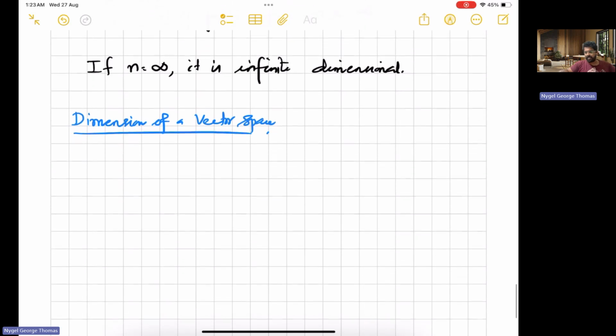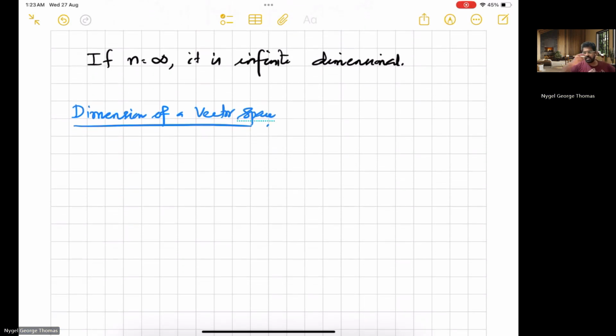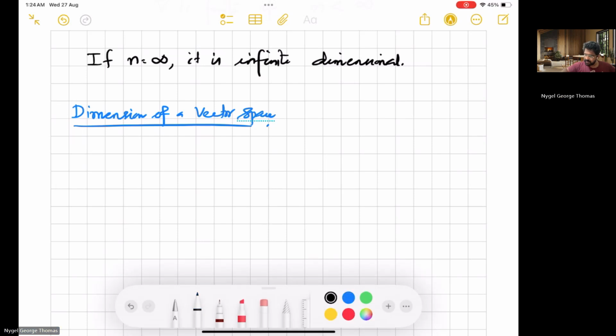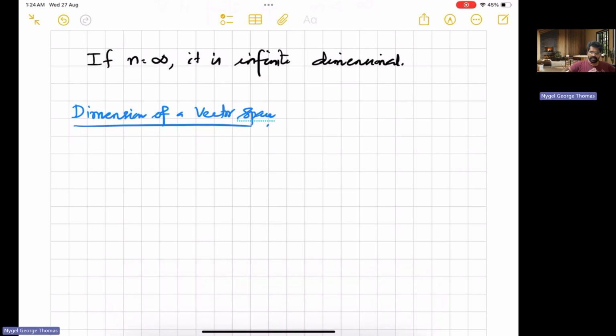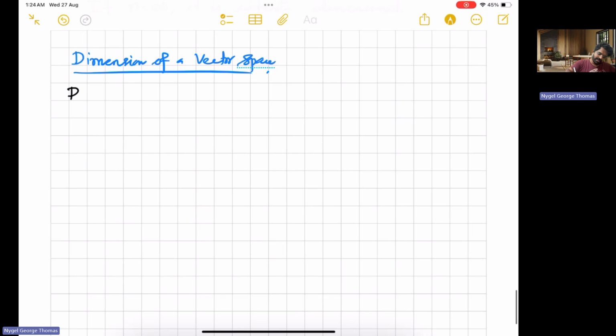To define the dimension of a vector space, we have to state something known as the basis theorem. We have discussed this loosely in the previous section. Let's discuss this in more detail now. What does the basis theorem say? Let's look at the basis theorem.